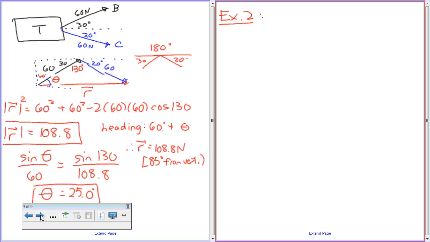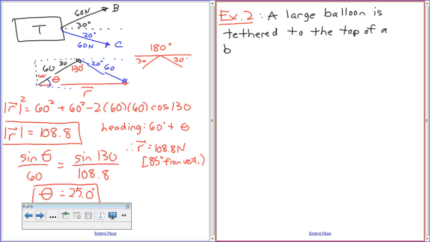We're going to say a large balloon is tethered to the top of a building by 2 guy wires attached 20 meters apart.